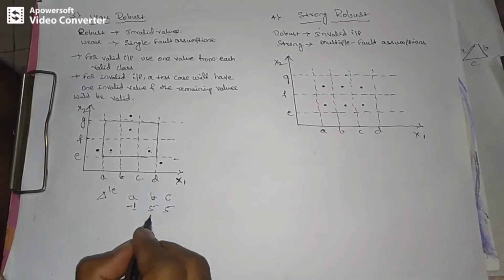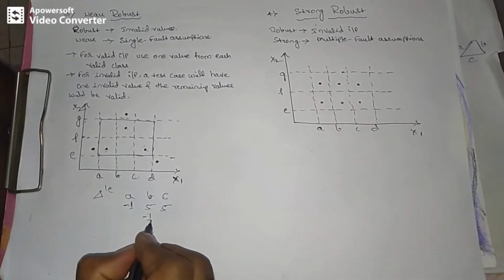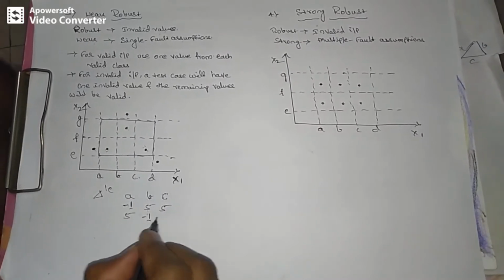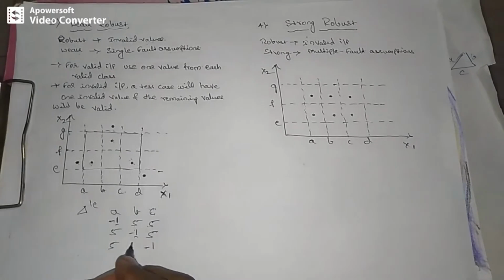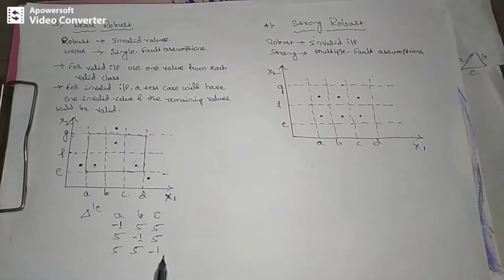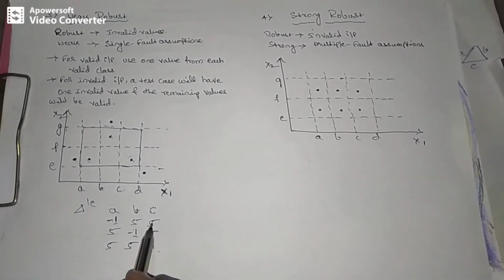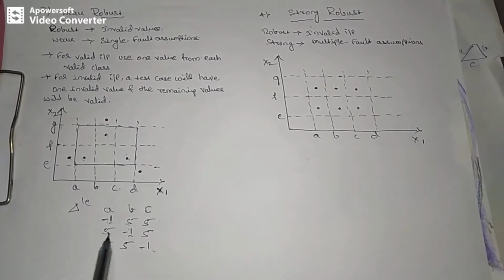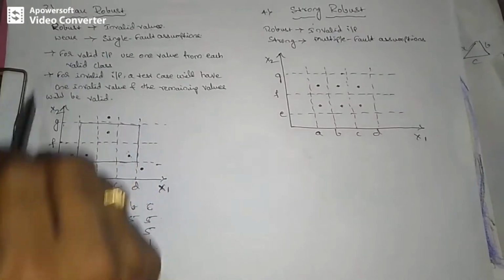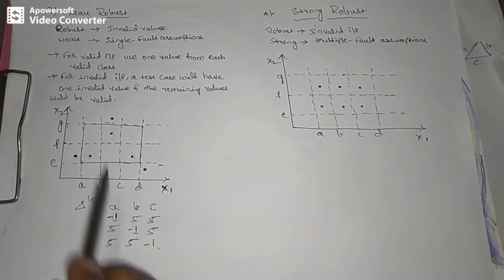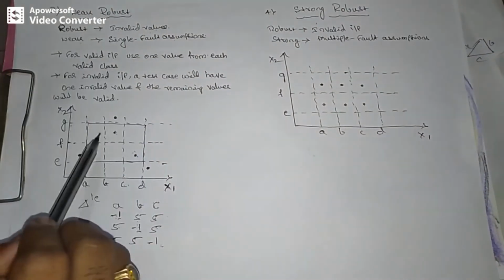If I change B to -1 next time, then A and C should be 5, 5. If I change C, then A and B should be 5, 5. These two are the valid inputs and this becomes invalid. In that fashion, we need to specify the test cases under the weak robust testing technique.